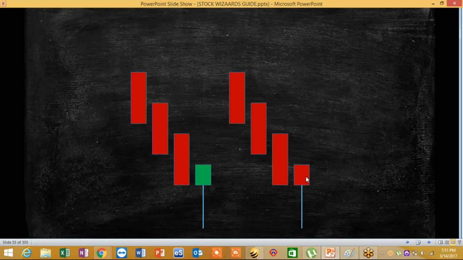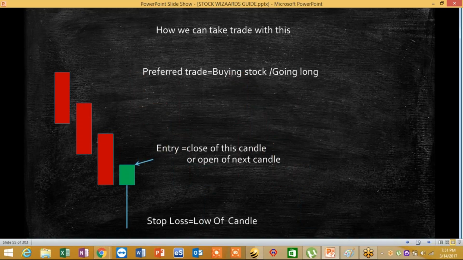This is also the same, Arvindji. Only the color is different. Many people get confused. They want to see this, they don't recognize this. Both are saying the same sentiment actually. It's a bullish sentiment going on now. So what is the preferred trade when we see such kind of action in charts?